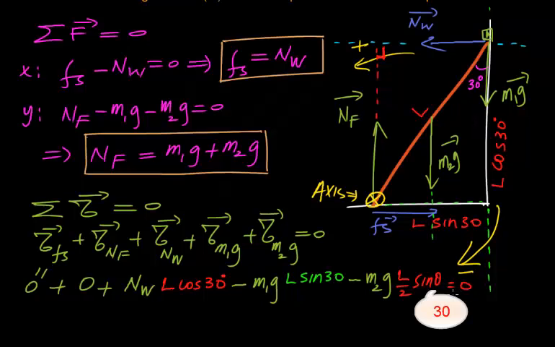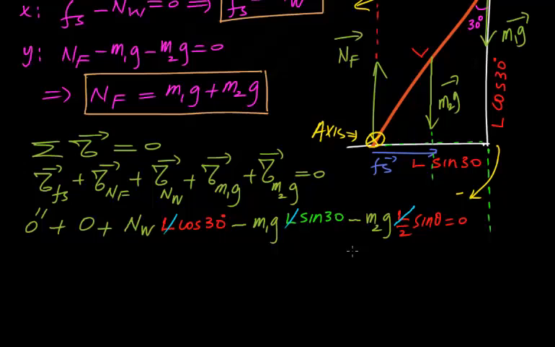Time for us now to simplify. This L, and this L, they're all going to cancel. Keep the NW term on the left hand side of the equation. Cosine 30. Move everything else to the opposite side of the equation.